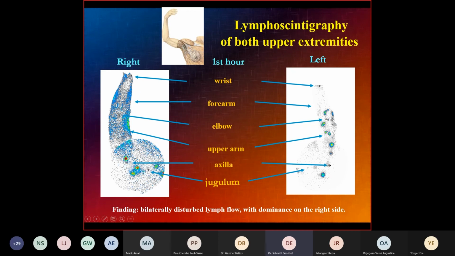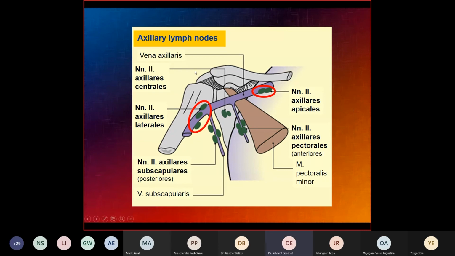These scans represent bilaterally disturbed lymph flow with dominance on the right side. These aforementioned lymph nodes can be localized to the indicated areas in this schema here.